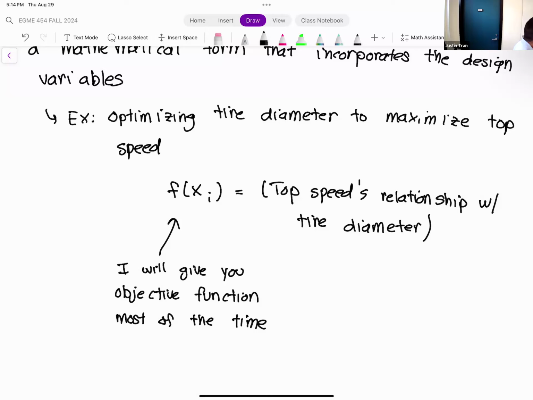We'll get into it more near the end of the class. You're definitely going to be doing it for your final project, but there's a lot of steps that we need to take to get there. So for the purposes of this class, you can assume that the objective function will be given to you, and the design variables will be given to you. Your goal is to find the best values of the design variables for that particular objective.